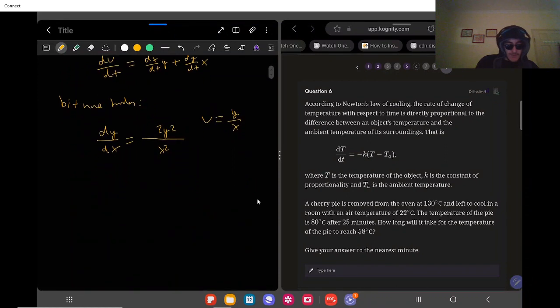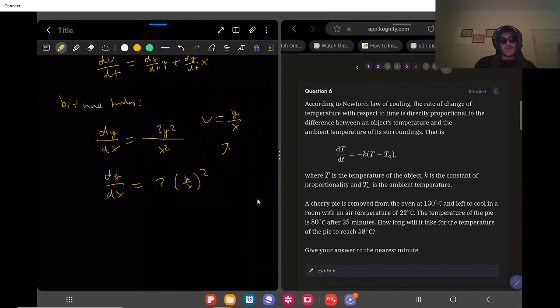I could solve this now, to be fair. dy over dx equals 2 lots of y over x squared. Basically how these questions work is they give you a substitution. But unlike before, it wouldn't actually be in the form of a substitution yet. You've got to sort of find it. So here I noticed, I took the 2 out, it's y squared over x squared, which is y over x squared, and y over x is v. So it fits nicely.